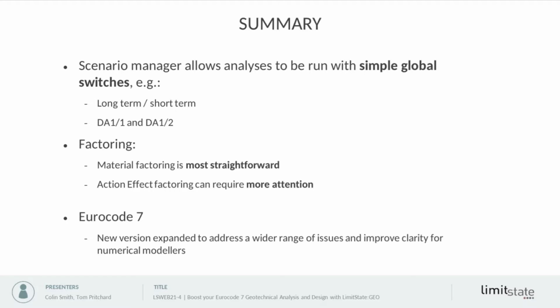In terms of Eurocode, material factoring is the most straightforward. Action effect factoring can be implemented relatively straightforward, but requires a little bit more attention. And in terms of looking at the new Eurocode, it's been expanded to address a wider range of issues and improve clarity for numerical modelers.